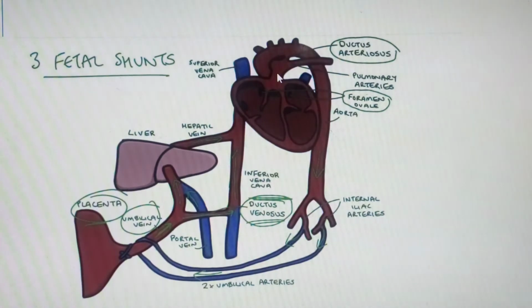Then apart from that, we also have the ductus arteriosus, so that most of the remaining blood in the right ventricle, which may get to the pulmonary trunk and then into the lungs, will instead get into the arch of aorta to be taken down into the branches of the internal iliac, that's the umbilical arteries, and then back into the placenta. So these are important bypass channels which we have to know.